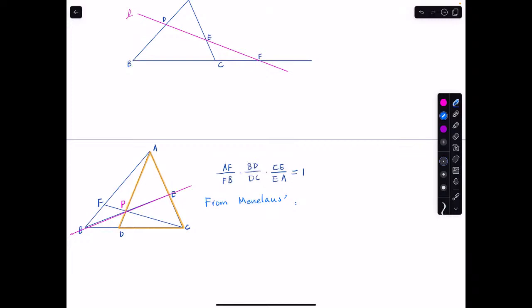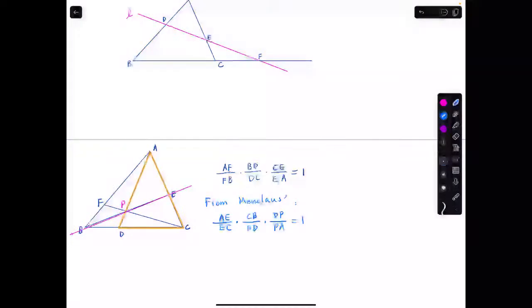Remember, you just go in the same direction. AE over EC, and then CB over BD, since the intersection point is B, and then times DP over PA equal to 1.